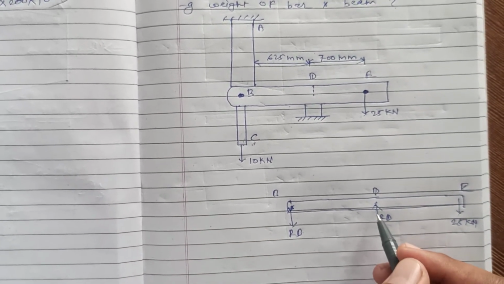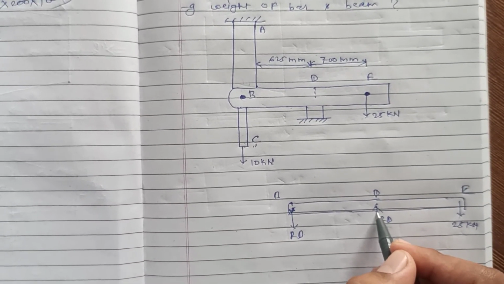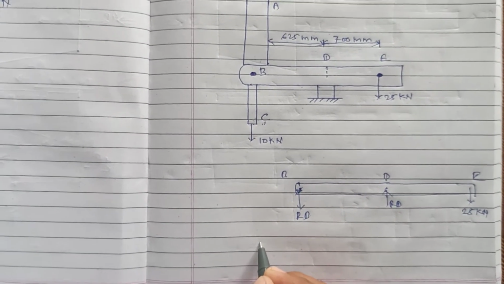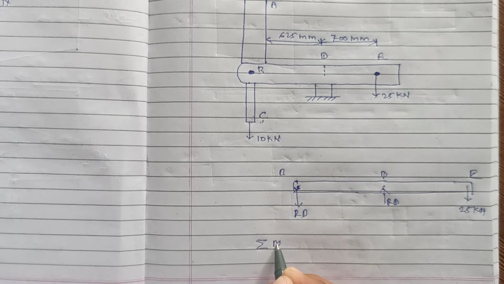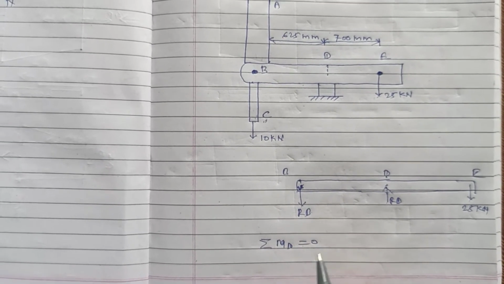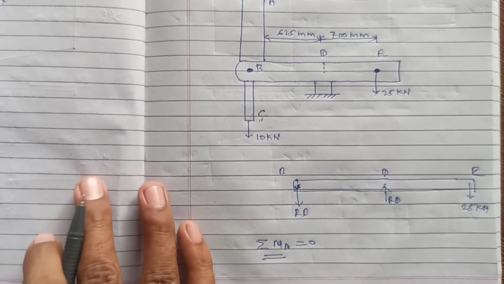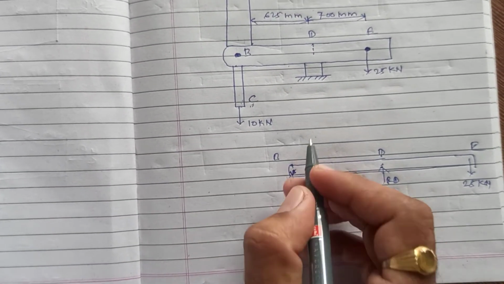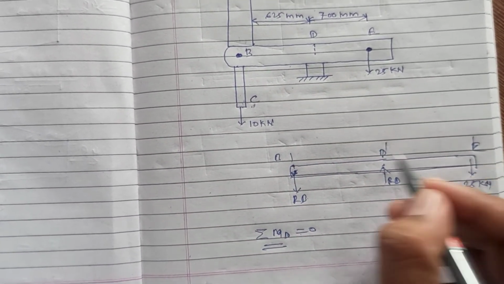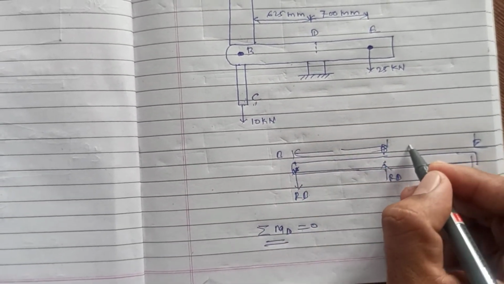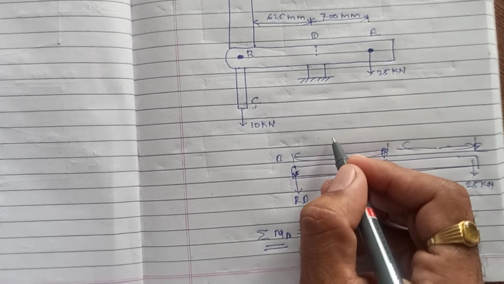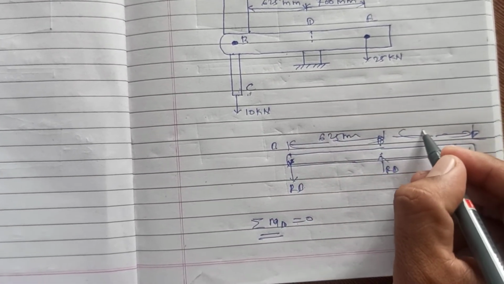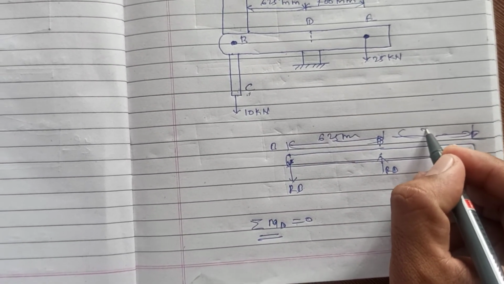Now take moment at point D for this diagram. So summation of moment at point D is equal to 0. Use this condition for this diagram. This length is given, this is 625 mm and this is 700 mm.